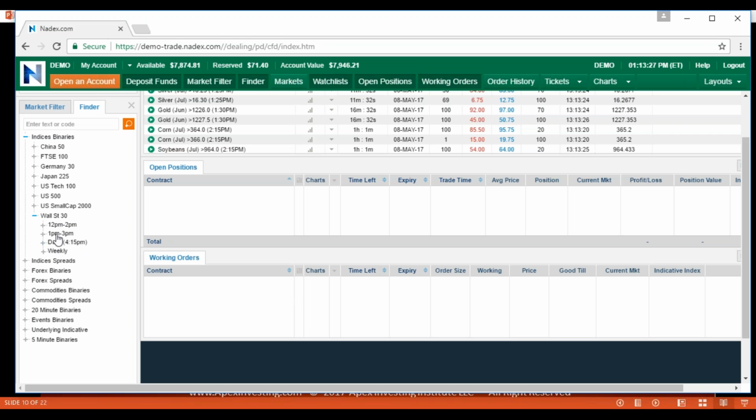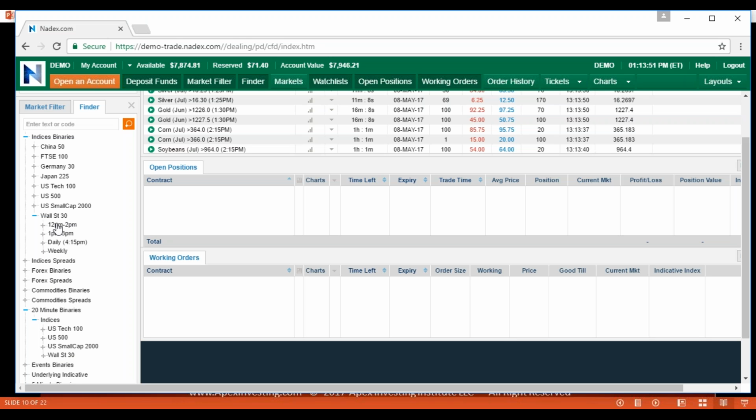So no matter what our strategy or system is, and by the way, there are also 20-minute binaries on the 4 U.S. indices, including the Dow. Right now it's 1:12 p.m. Eastern Time. I've got binaries that expire in 8 minutes, and after that, another one that expires at 1:40.